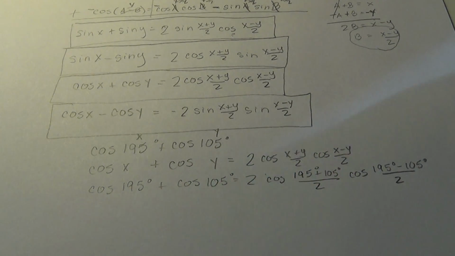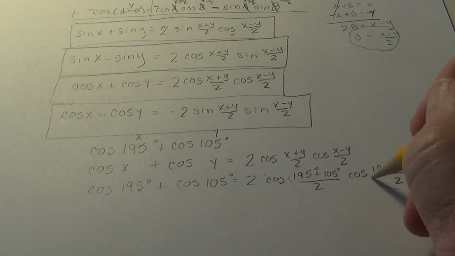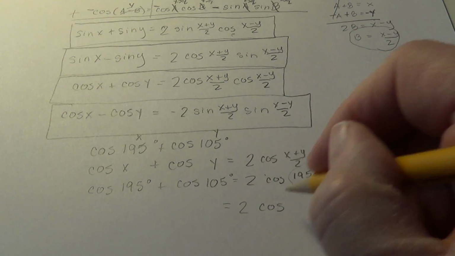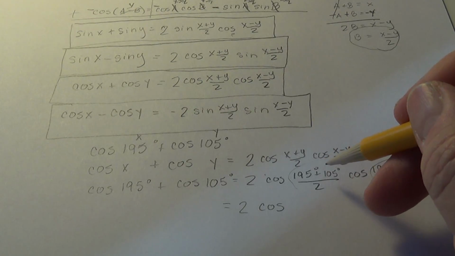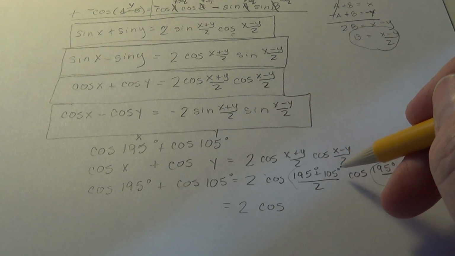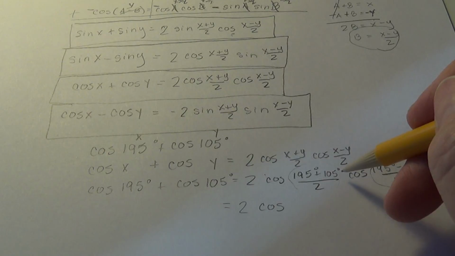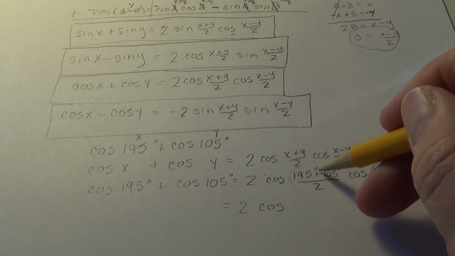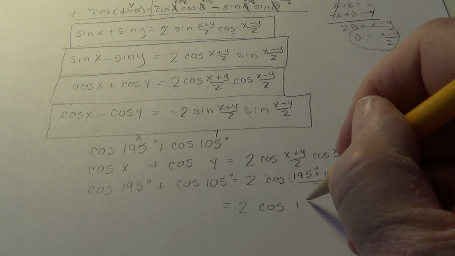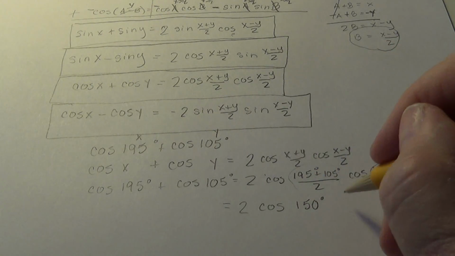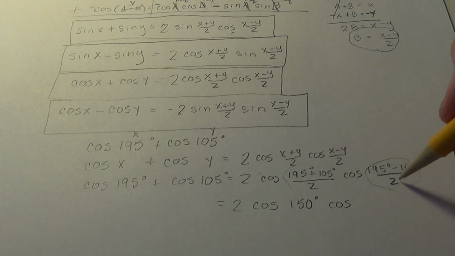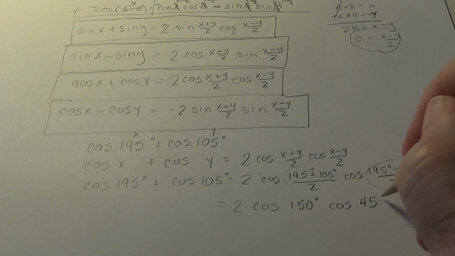Simplifying these expressions right here, I bet will lead us to something we can find on the unit circle. 195 plus 105 divided by 2 is, so this is 300 divided by 2 is 150. That's on the unit circle. And this is 90 divided by 2 is 45.